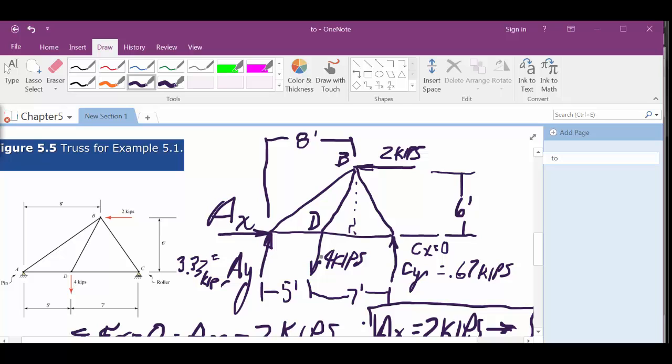Wouldn't it be 3? 8 minus 5? Wait, we're going to the right or we're going to the left? It doesn't matter. It's 8 minus 5, right? This distance from right here is 8. This distance to here is 5, right? Wouldn't it just be 3?